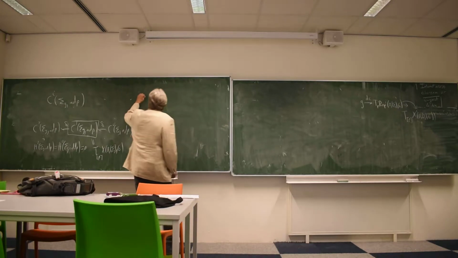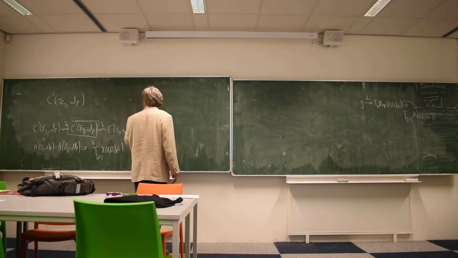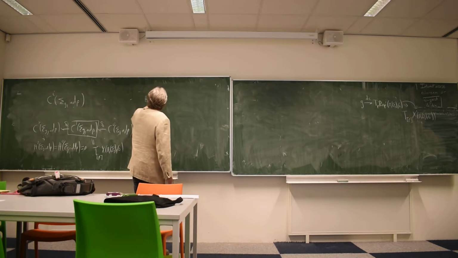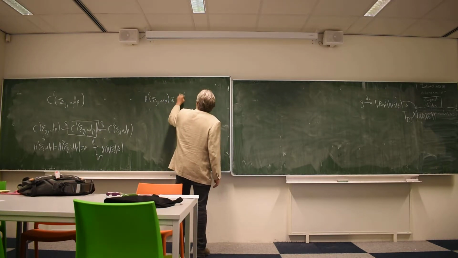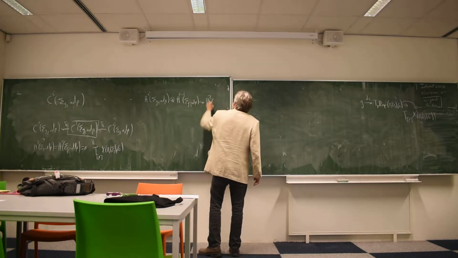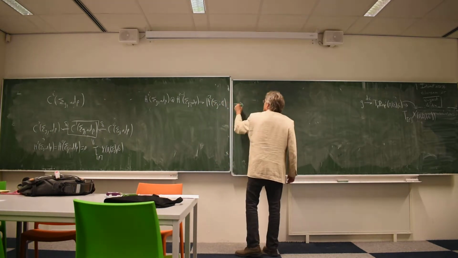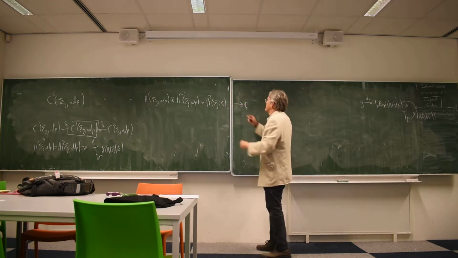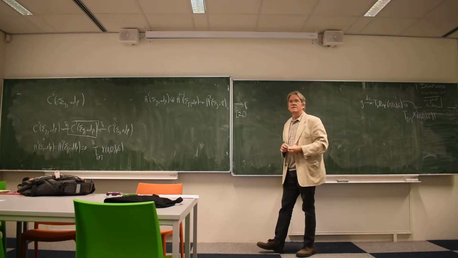The other thing I want to say, though, is that there's a cup pairing. Complex coefficients, which, of course, after evaluation on the fundamental class, takes you to the complex numbers.